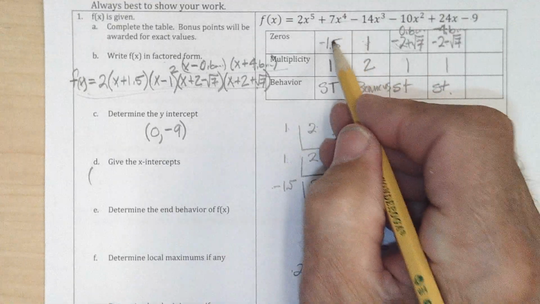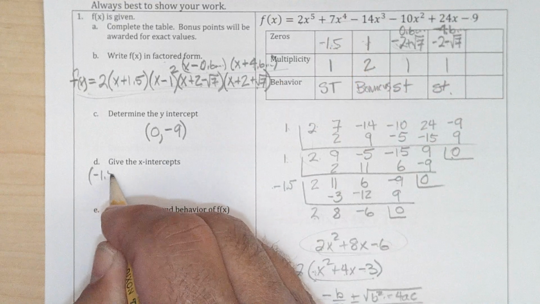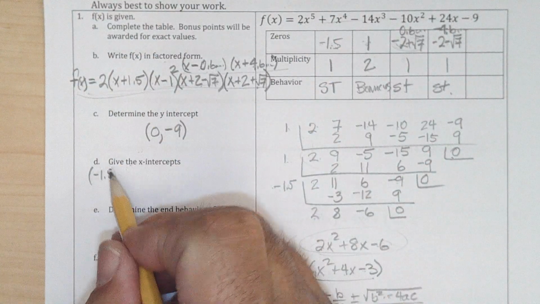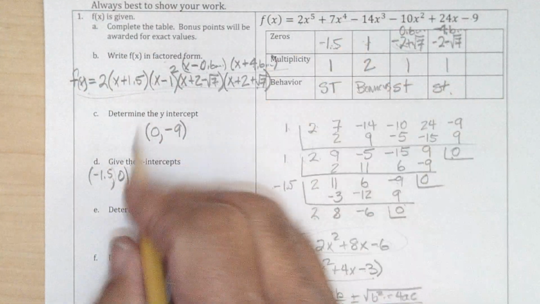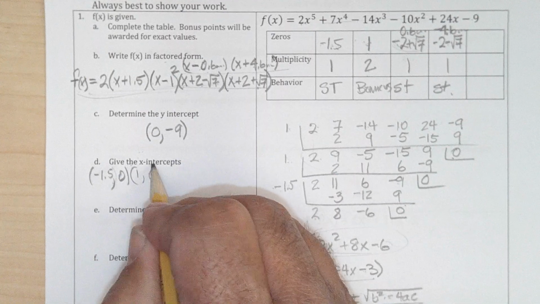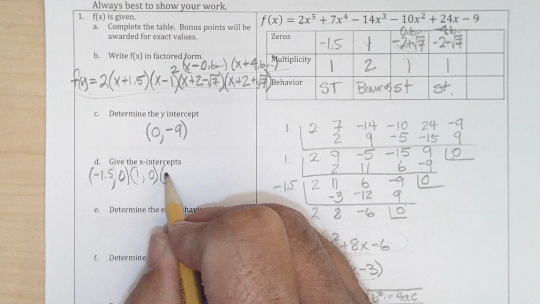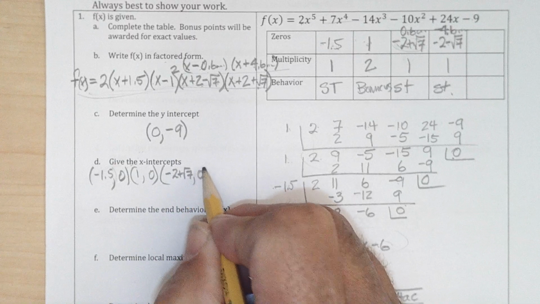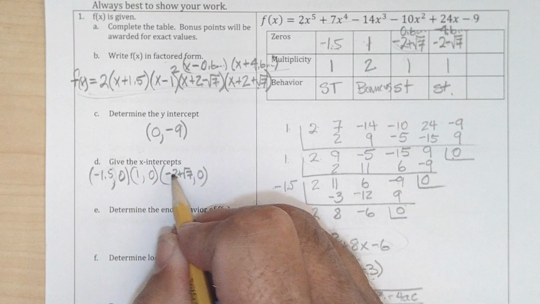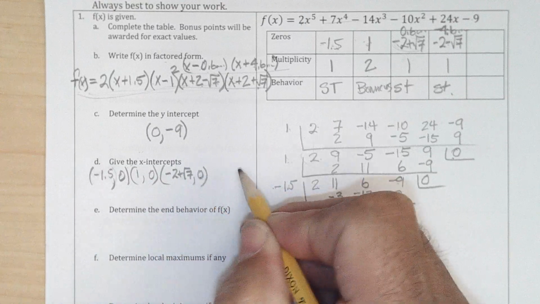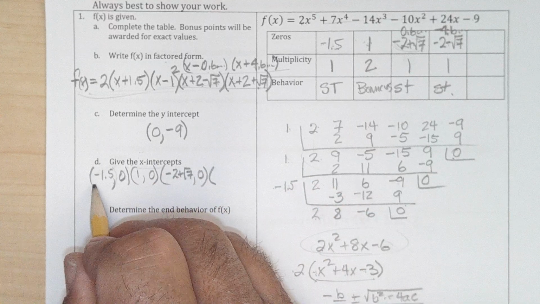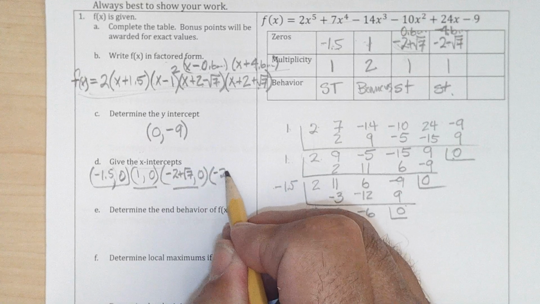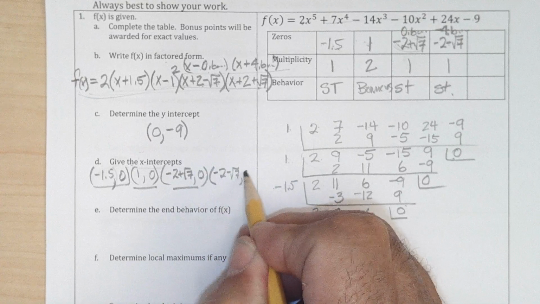X-intercepts, well, that's pretty clearly -1.5 would give me 0. 1 gets me 0. -2 plus the square root of 7 gets me 0, or 0.6 something, 0. And intercepts are points. That's why I'm giving these ordered pairs as points. And -2 minus the square root of 7 would give me 0.